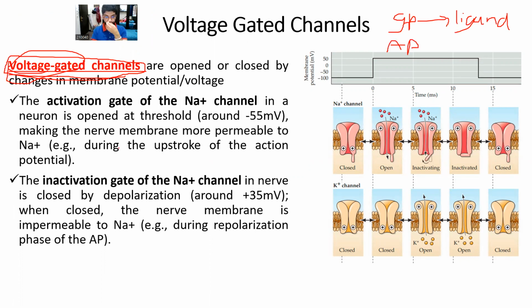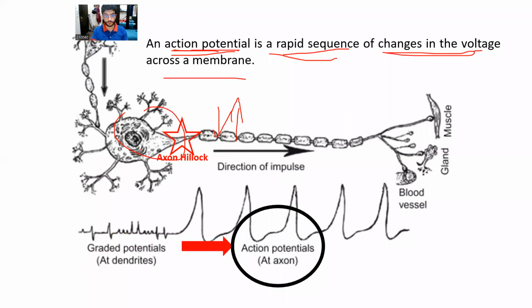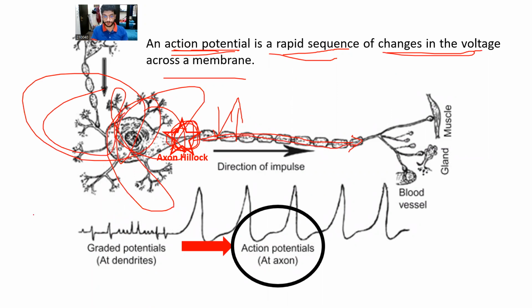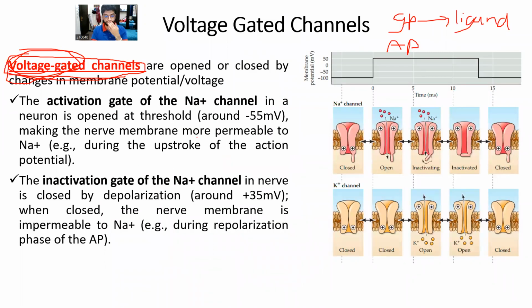These voltage-gated channels are only found over here in the trigger zone and the entire axon. This is where voltage-gated channels are. They're not over here, they're just here.